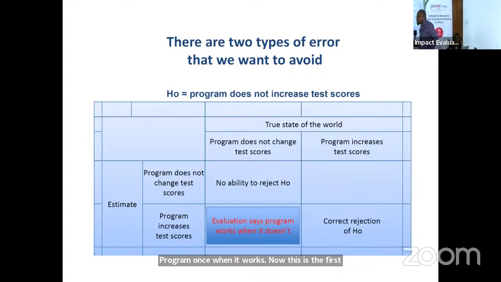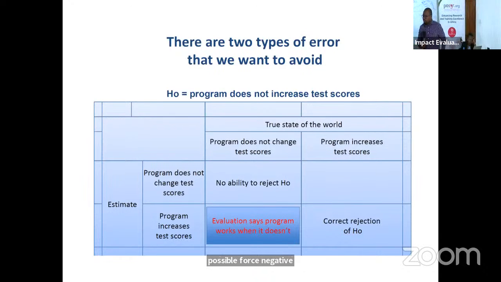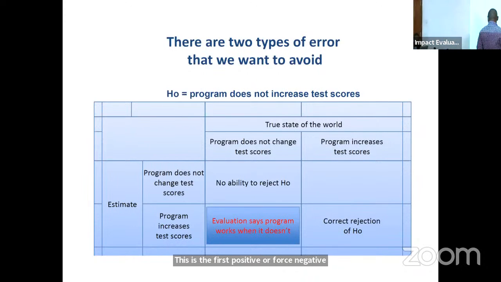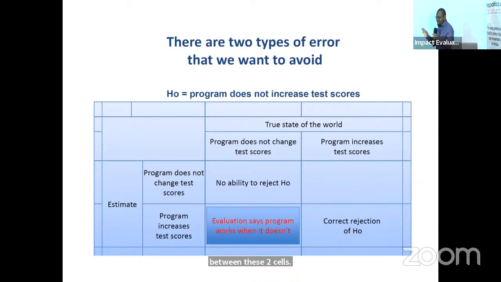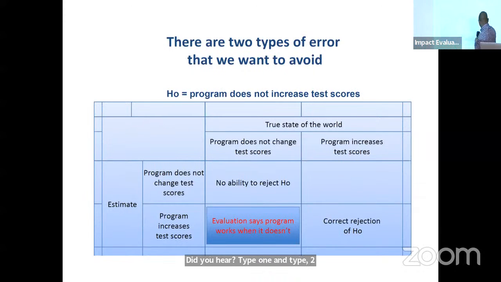When you hear type 1 and type 2 errors, they fall between these two cells. Have you ever heard of type 1 and type 2 errors? Which one is type 1 and which is type 2, we are going to find out today.